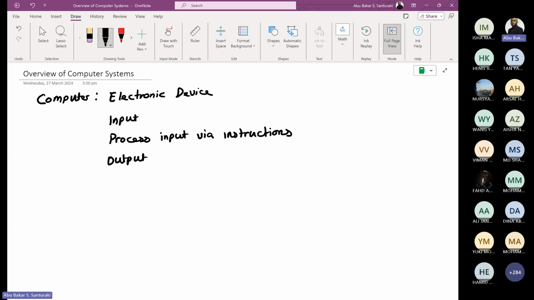So what do these terms actually mean? We mentioned last week, electronic device means powered and controlled by electricity. So it's very important for you to understand this: powered, not just powered, powered and controlled by electricity. Excuse me, the tablet is a bit small.